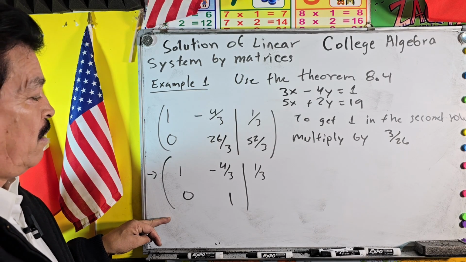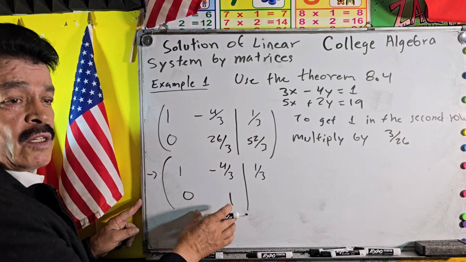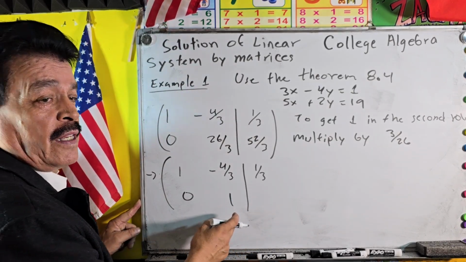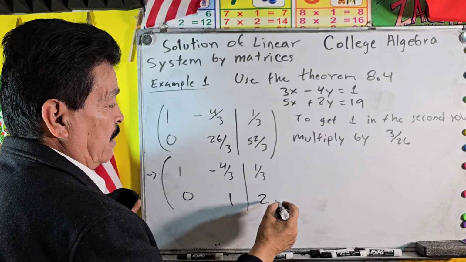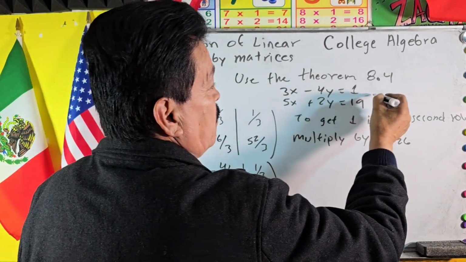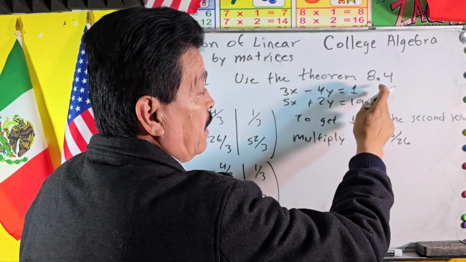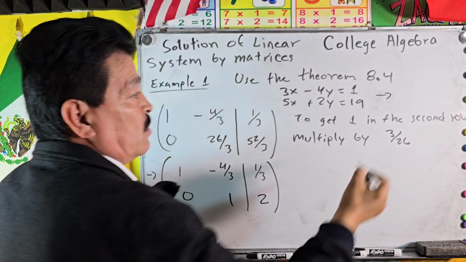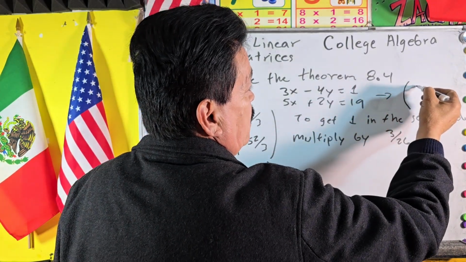In this step here we will have 2 right here. All right. Something that I forgot to write right here: when you have this problem, the objective is to arrive at this. We have to change it in this way.